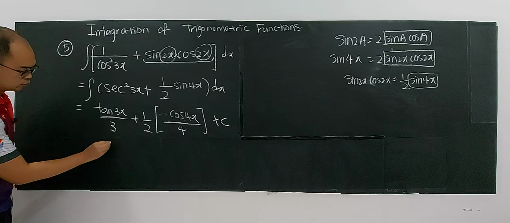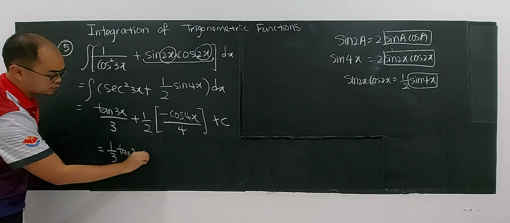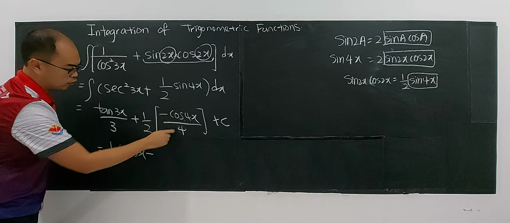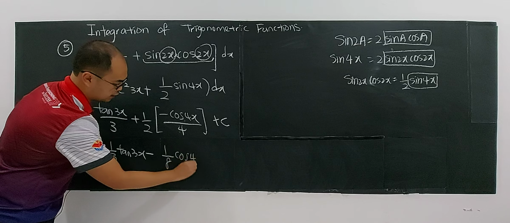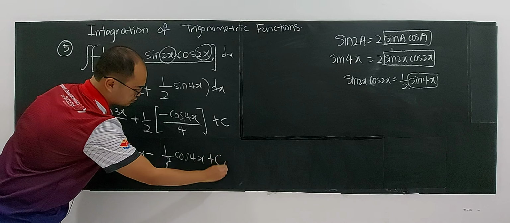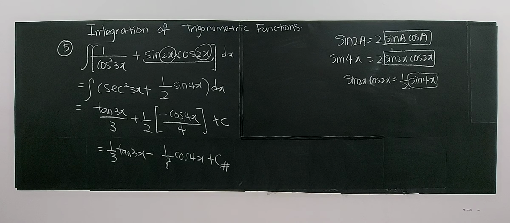So you rearrange, you're getting 1 over 3 tangent 3x minus 1 over 8 cosine 4x plus c. Alright, that's the way we have to be able to use all the formulas for trigonometry. So what are the formulas that you learned before?